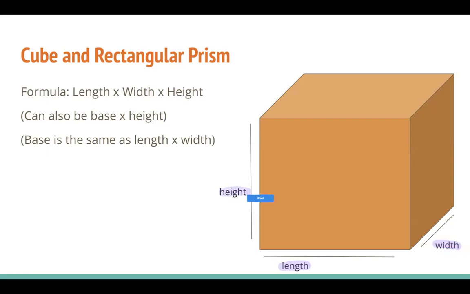This height dimension is the new added dimension, which makes it 3D. So the formula for this is length times width times height. The way I think about it is, to find the volume, let's take this square at the top.